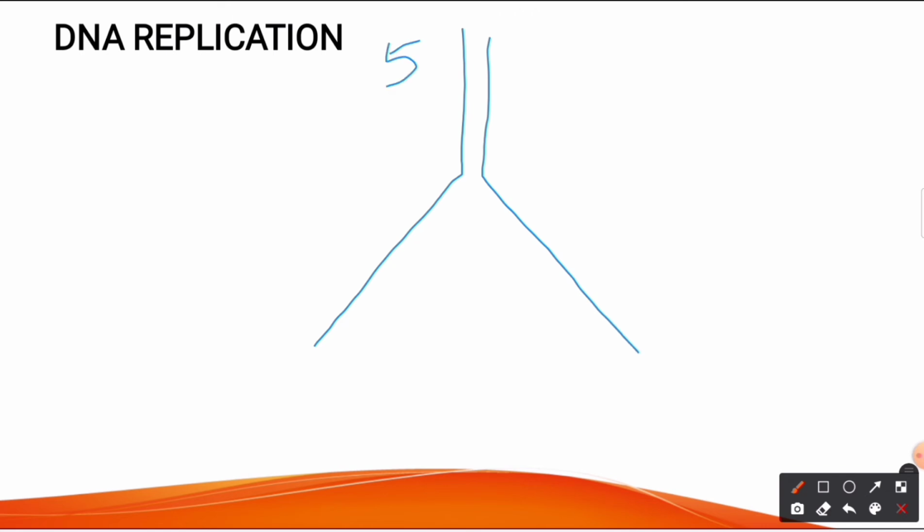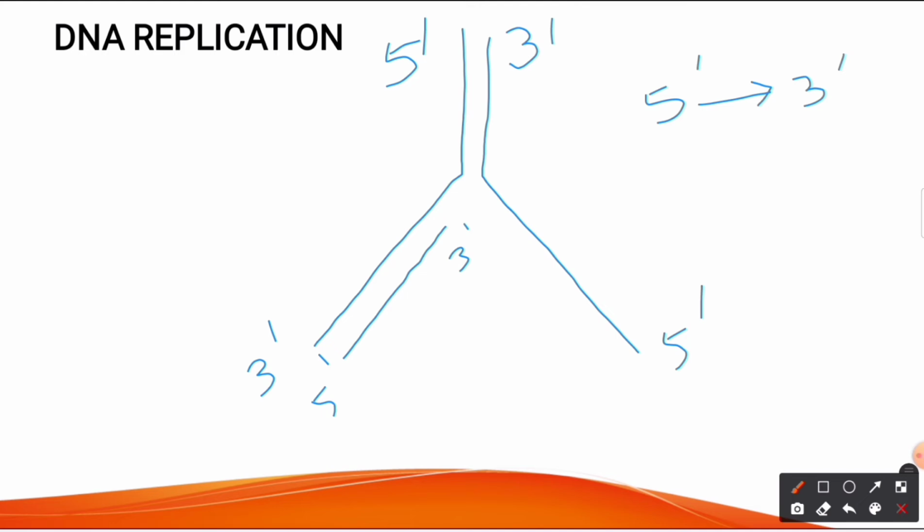This one is the strand 5', 3'. So this will be 3' and 5'. You know that polymerase synthesizes DNA in a 5' to 3' direction, so the new strand will also be synthesized in a 5' to 3' direction.